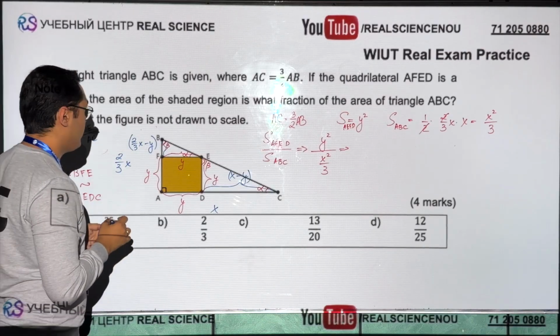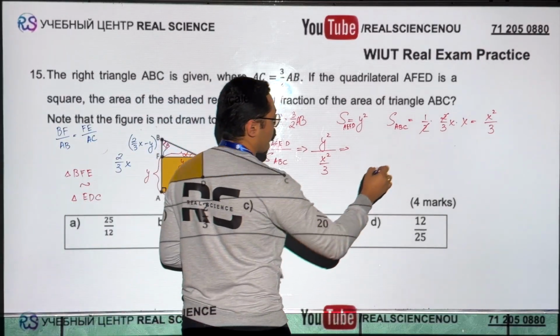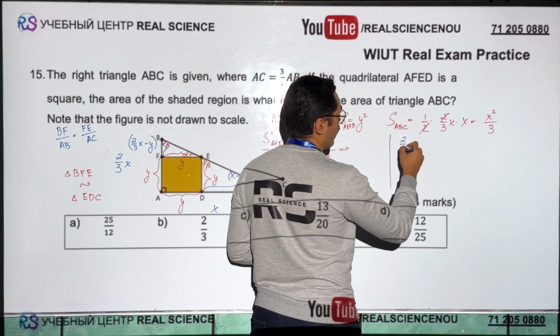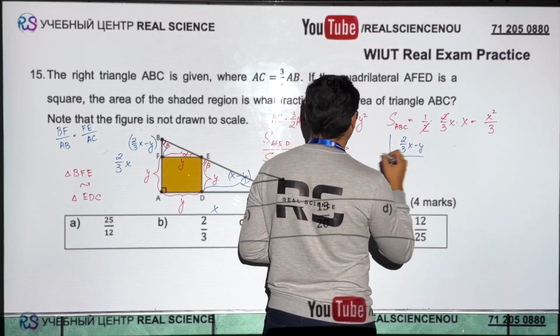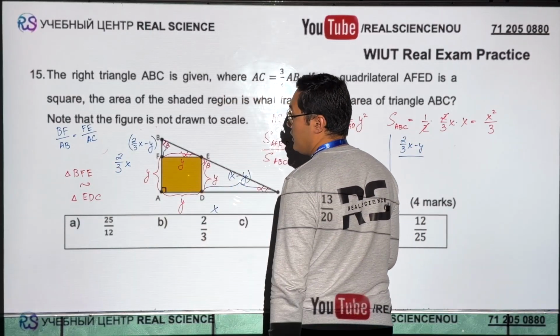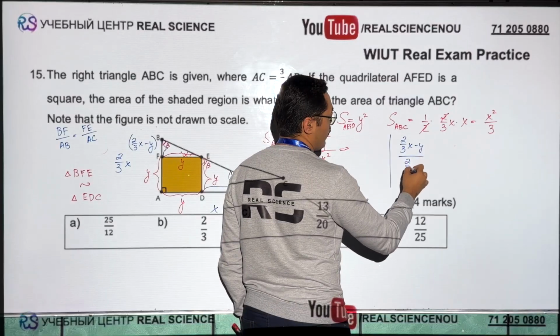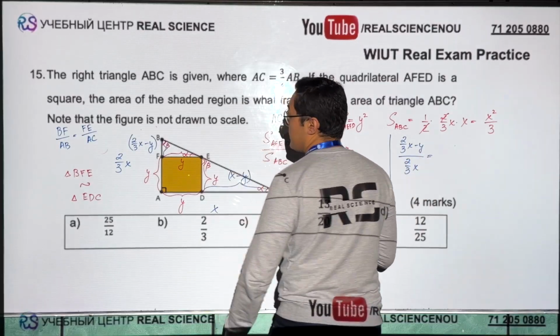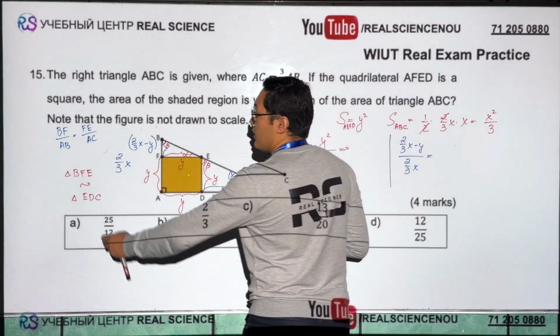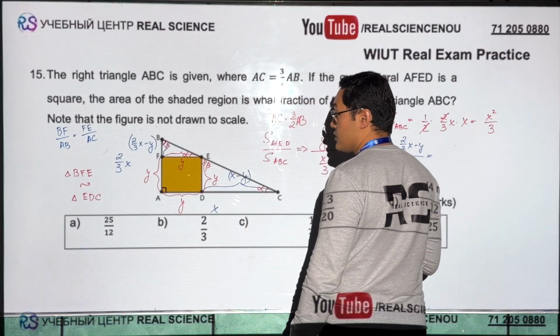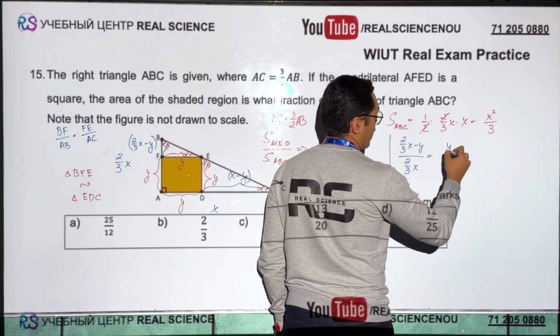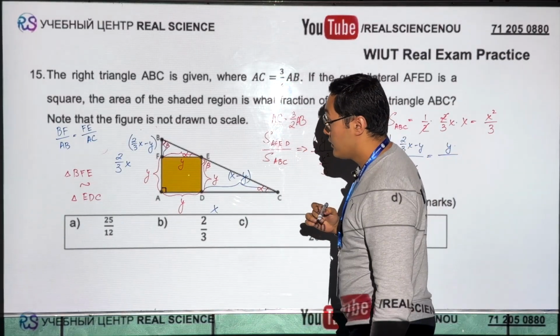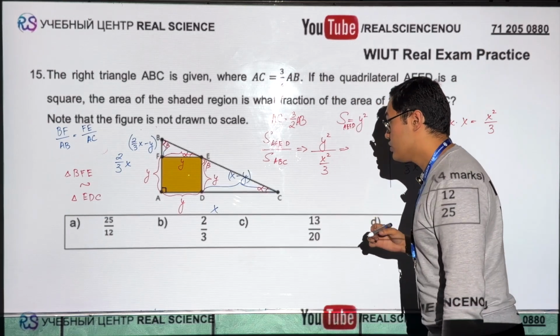Okay, let's try that. BF, which is equal to 2 over 3x minus y, divided by AB, which is equal to 2 over 3x, is going to be equal to FE, which is just y, divided by AC, which is just x.